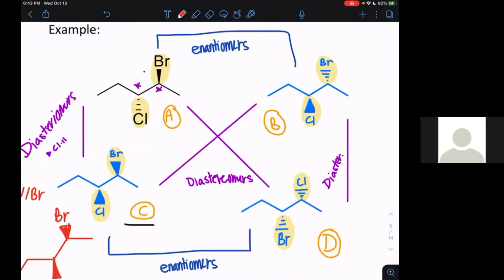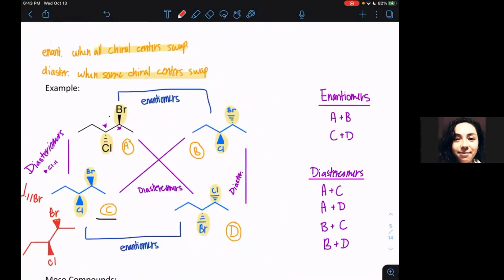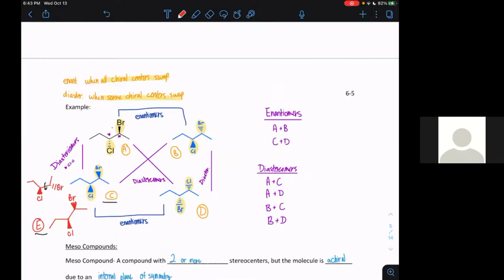A and B are enantiomers because both bond types changed. If only some of them changed, like C and B, they are diastereomers.